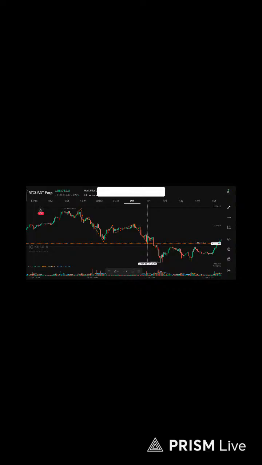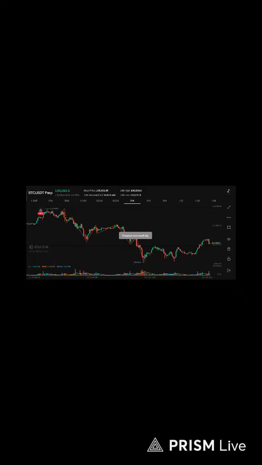See, it forms here. This is a form of a downtrend. You can indicate the swing high and the swing low. This is an example of a swing high and a swing low.